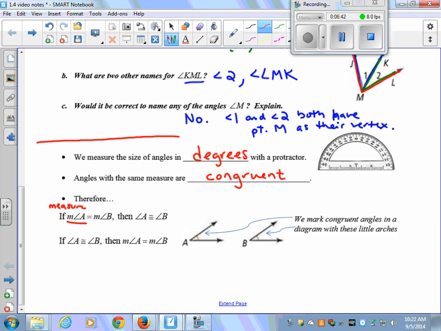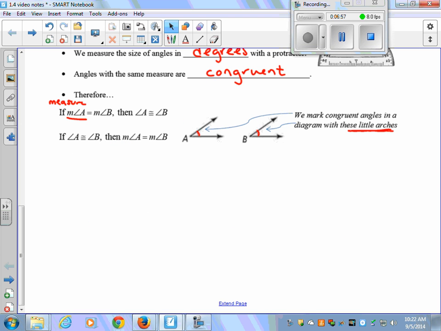And on a diagram, you are going to mark these with these little arches in the angle. So angle A has this arch, angle B has a single matching arch, then we know those two angles are congruent. In a diagram with more angles, we would just match the type of arches that we put.